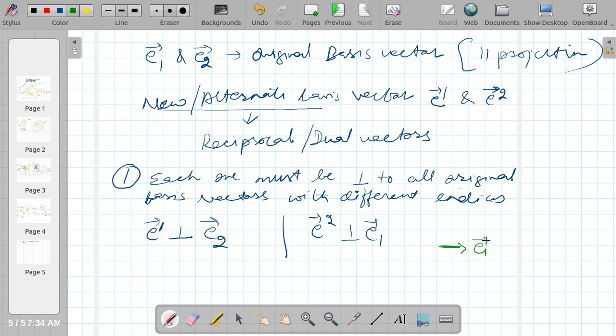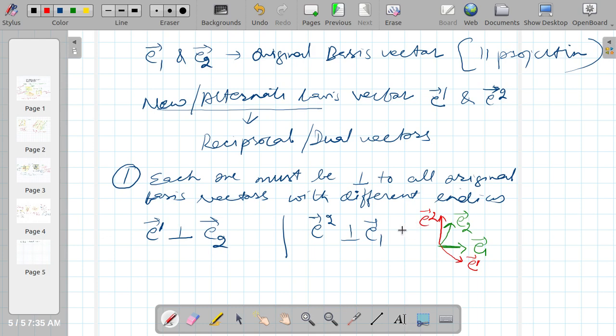This is E1 and this is E2, and similarly I have chosen another vector, such that they must satisfy this condition. So we have chosen in this way.